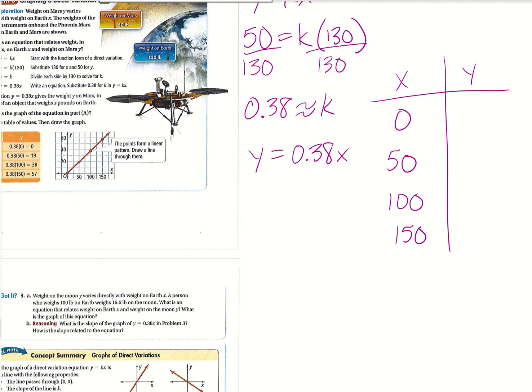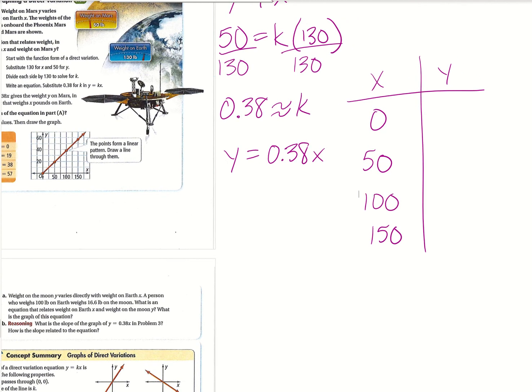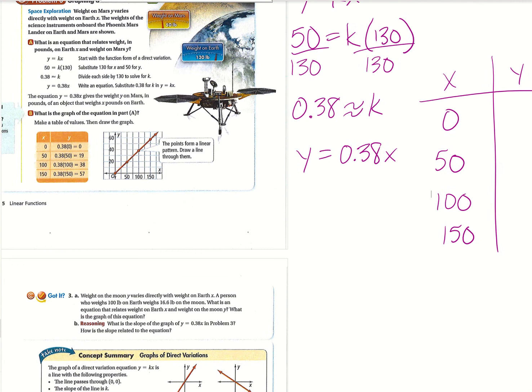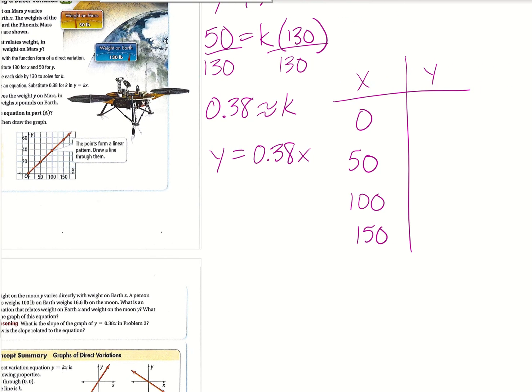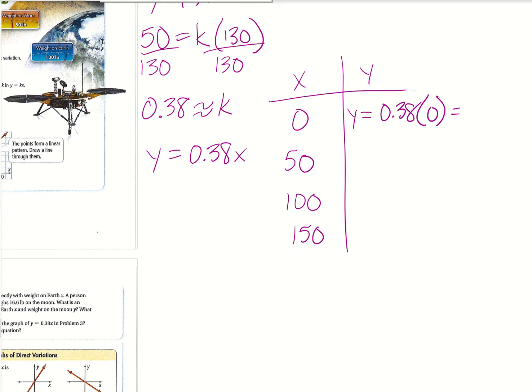So anyway, you would just go ahead and plug in your values for x, and then find y, right? So for 0, you do y equals 0.38 times 0, which would then give you 0.